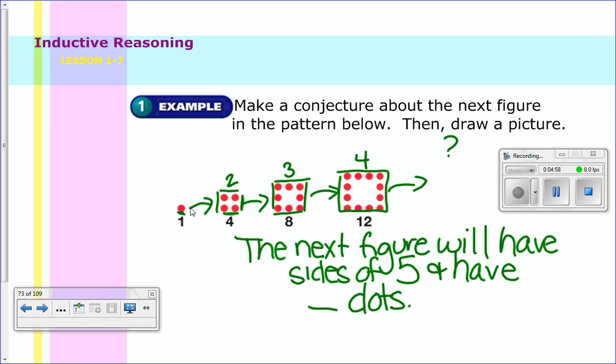So I need 5 on each side. 1, 2, 3, 4, 5. 1, 2, 3, 4, 5. 1, 2, 3, 4, 5. 1, 2, 3, 4, 5. So if I count this out, 1, 2, 3, 4, 5, 6, 7, 8, 9, 10, 11, 12, 13, 14, 15, 16. It'll have 16 dots. That is my conjecture, both with pictures and words.